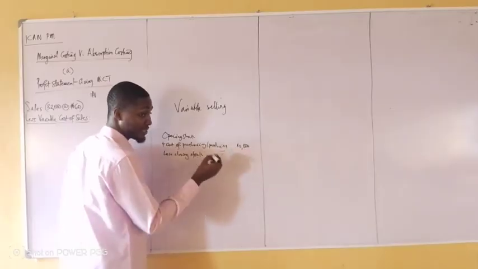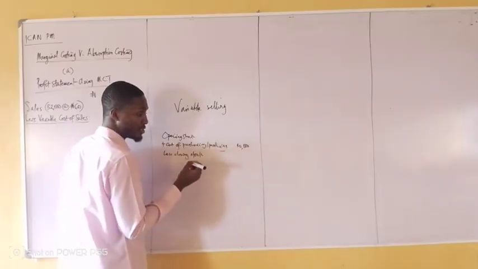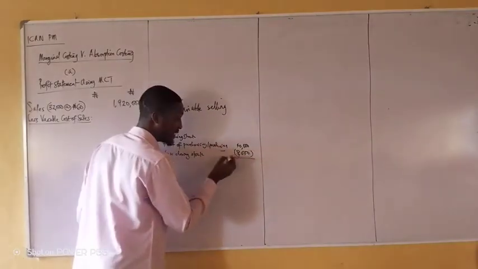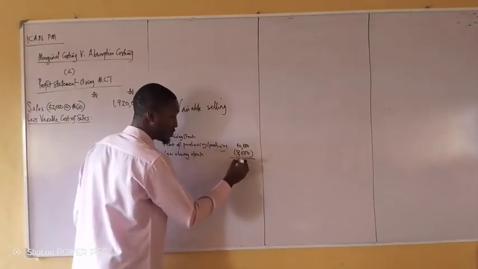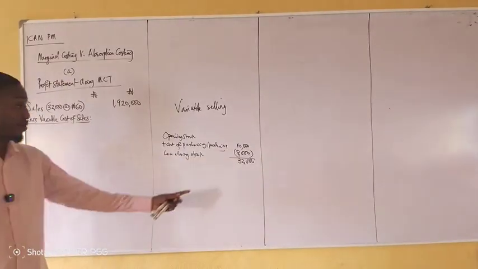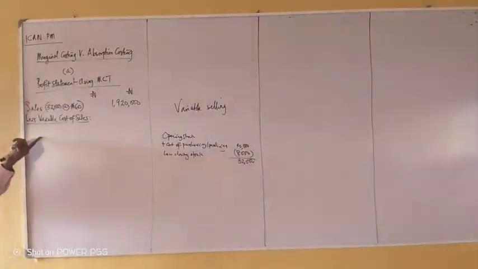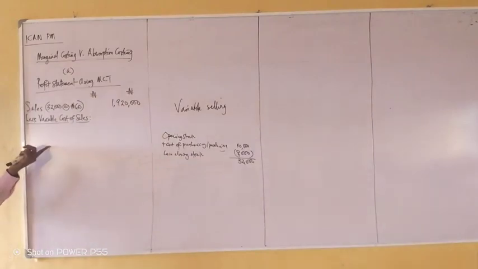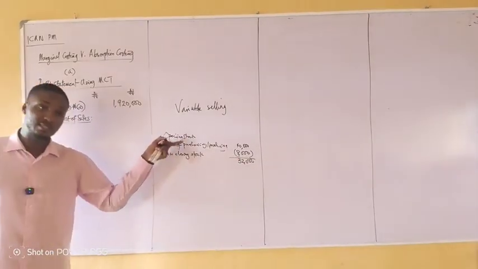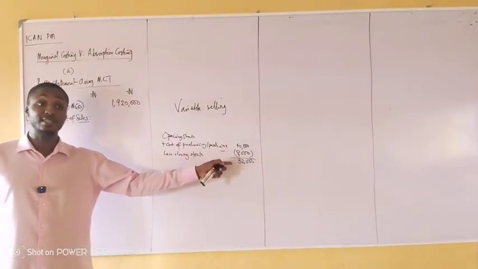Whereas the closing stock is how many? What will be our closing stock for this question? 8,000. So we are taking 8,000 from 40,000 to have 32,000. As I said, you can just take the 32,000 and find the cost of producing 32,000. But the recommended way is to take the cost of producing 40,000 and then deduct the value of your closing inventory.